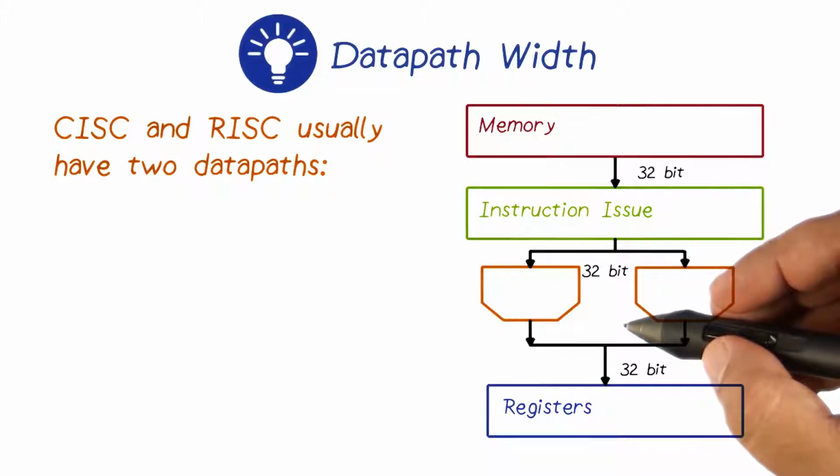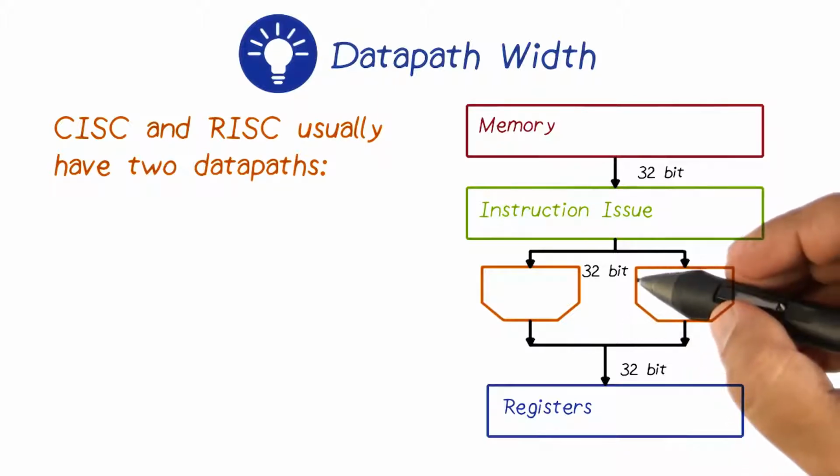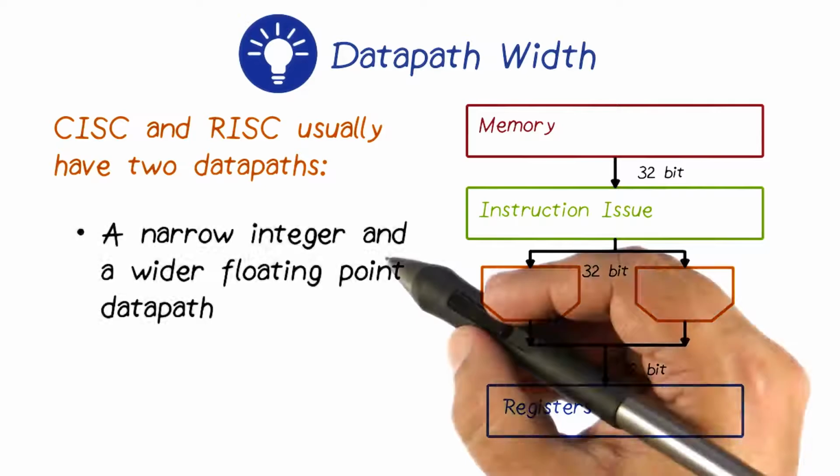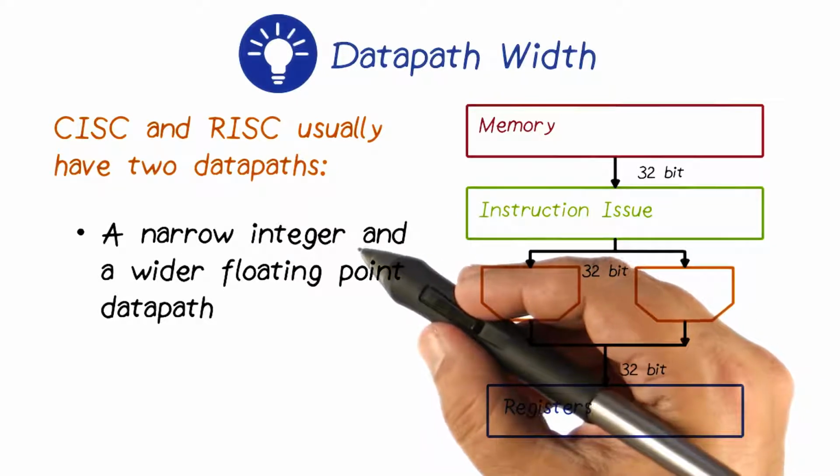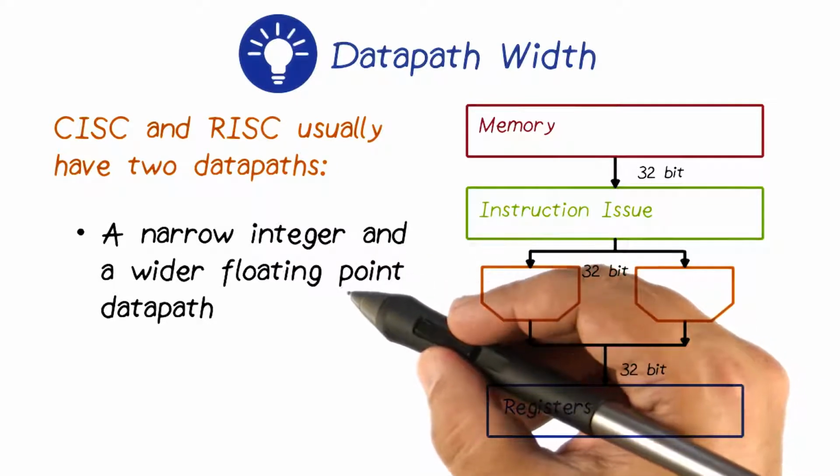That is because most of the data is either 16 or maximum 32-bit, and we will waste a lot of energy for processing 64 bits. In addition, many CISC and RISC processors typically process the data in two different ways. We have a narrow integer data path and a wide floating point data path.